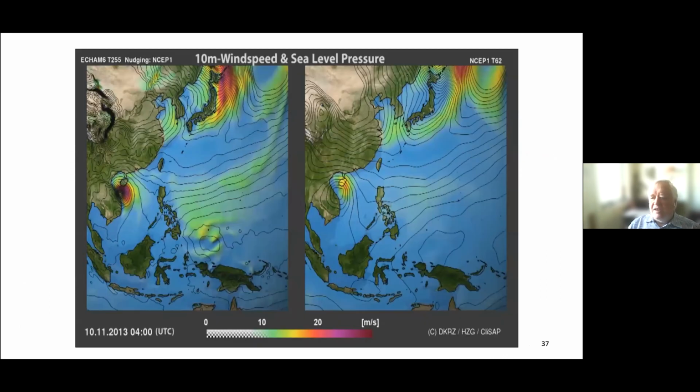And here we have an example. On the right-hand side, you see what the NCEP was suggesting for East Asia. And on the left-hand side, you see what the model made out of it. And you see essentially the same features, but the gradients are stronger, the patterns are better developed in the left-hand side.